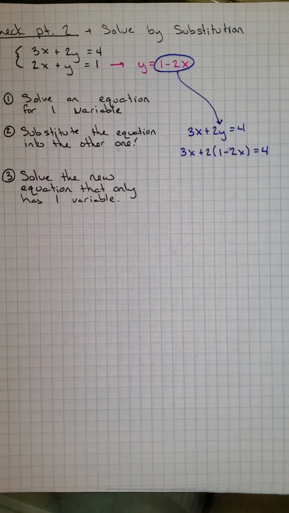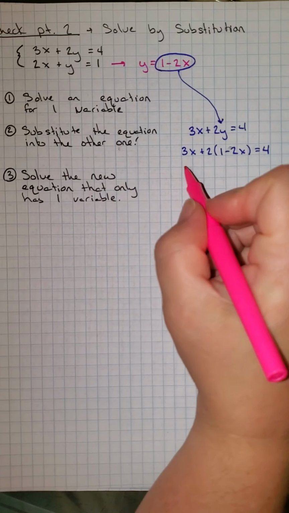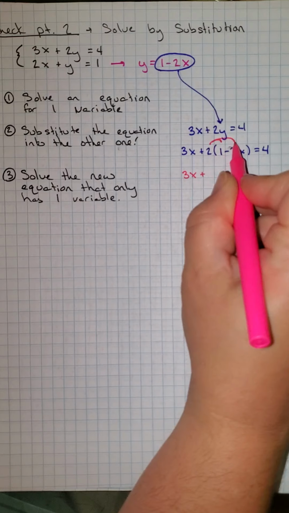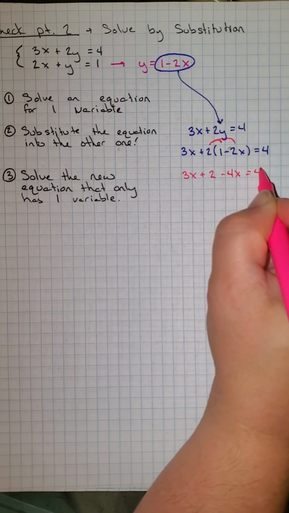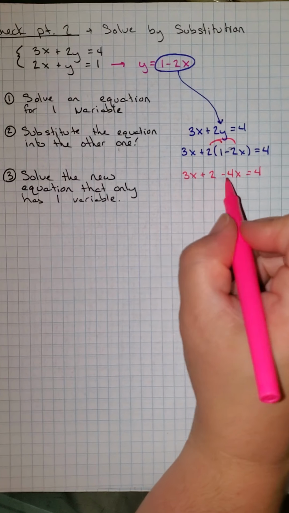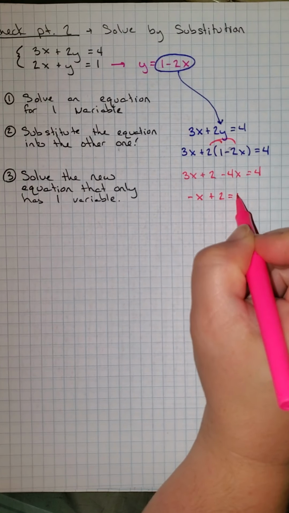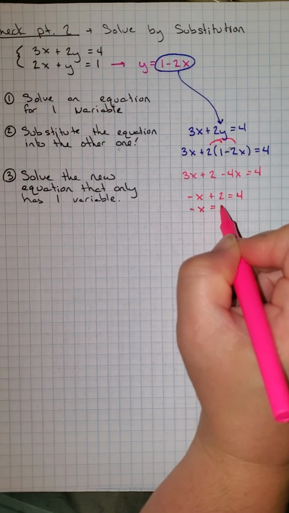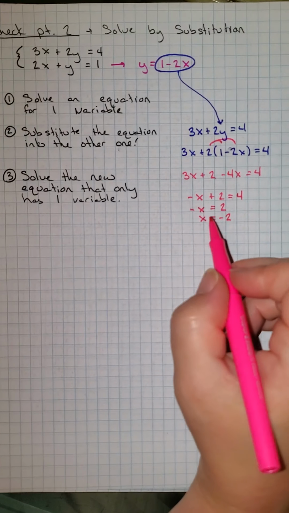Alright, so I'm going to distribute that 2. So we have 3x plus, this will be 2 minus 4x equals 4. 3x minus 4x, that's negative x plus 2 equals 4. Subtract the 2, negative x equals 2. So x equals negative 2.